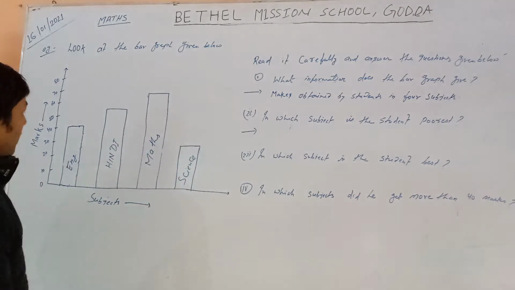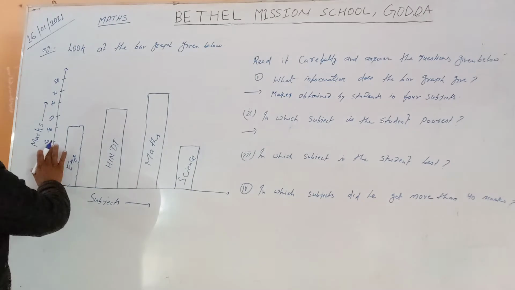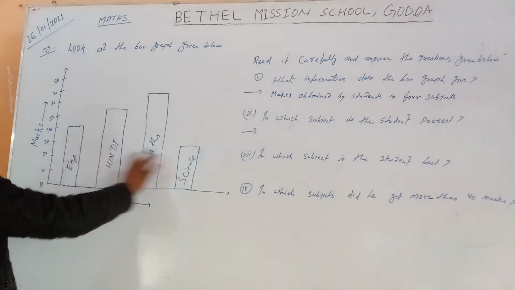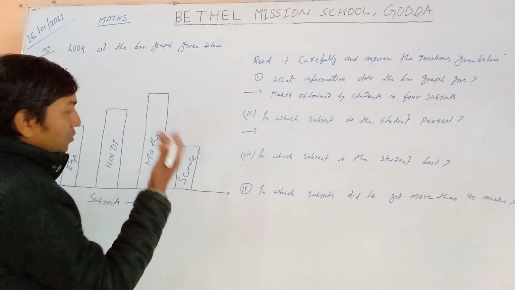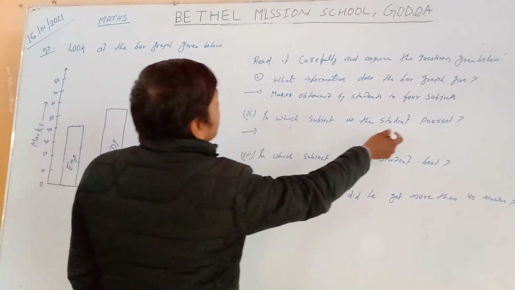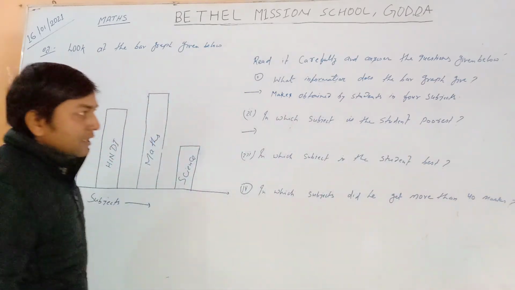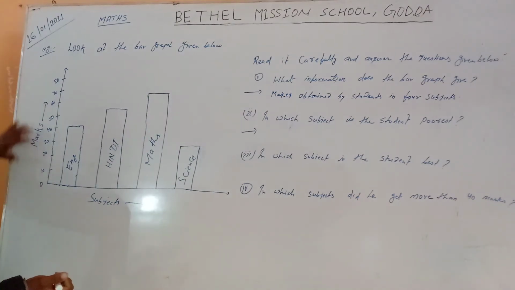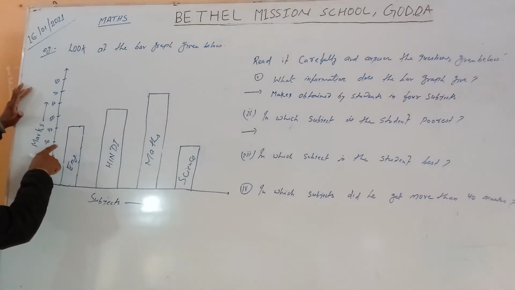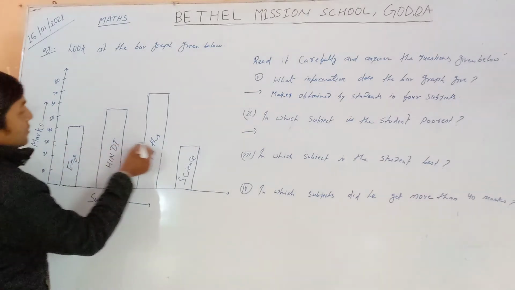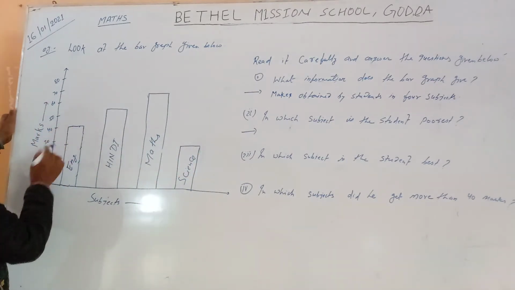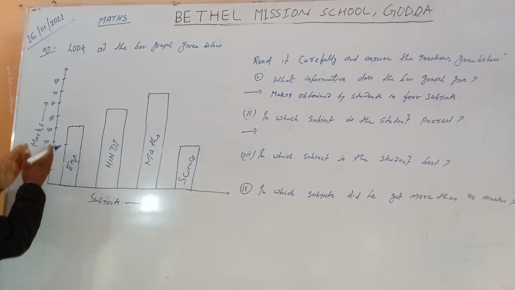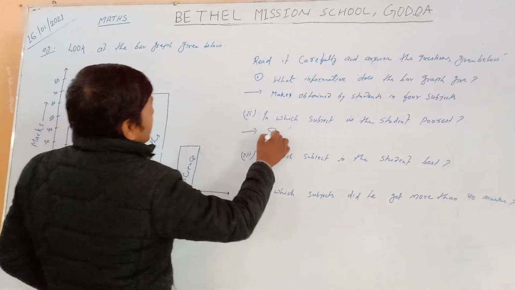In science only 25 marks. This one is 25 and this one is 40. So the least marks were got in science. So science is the answer.